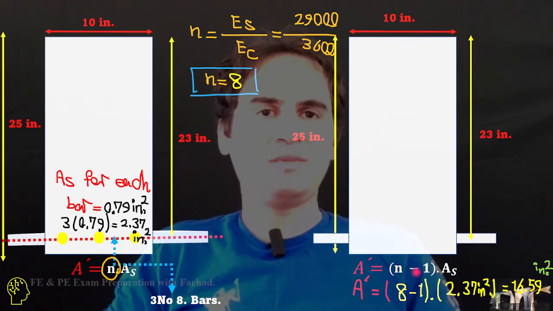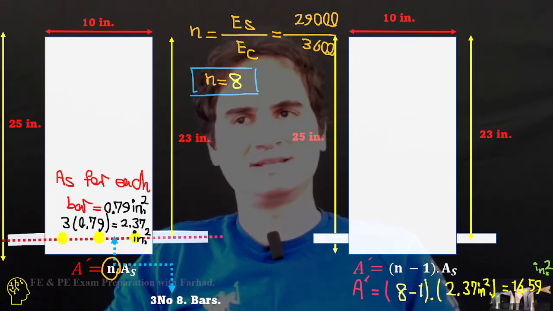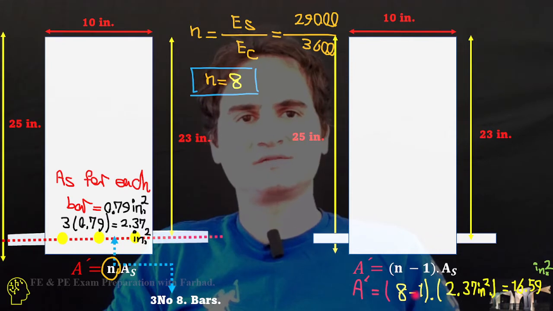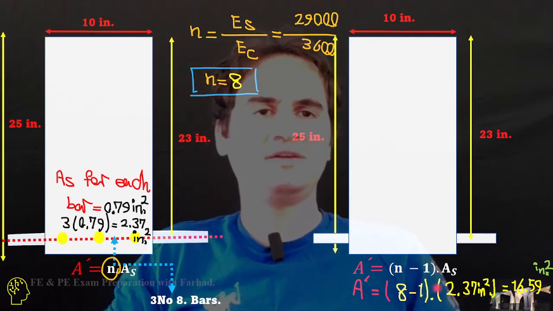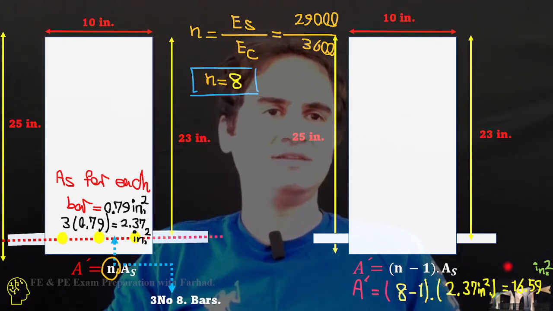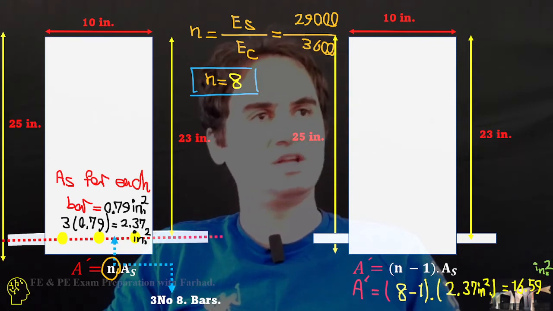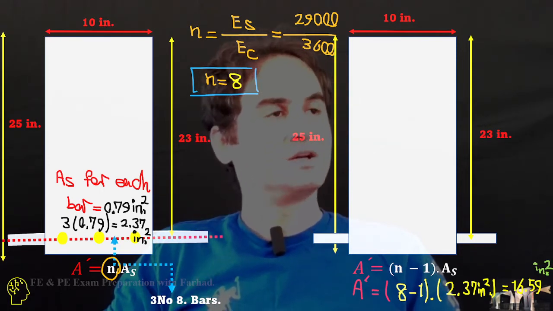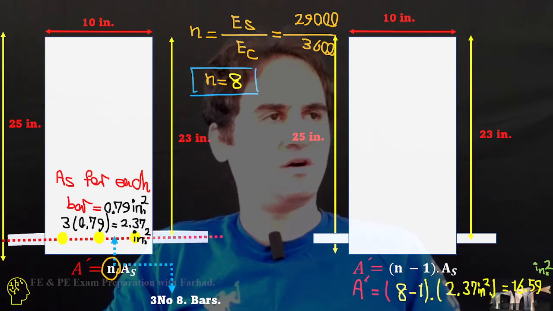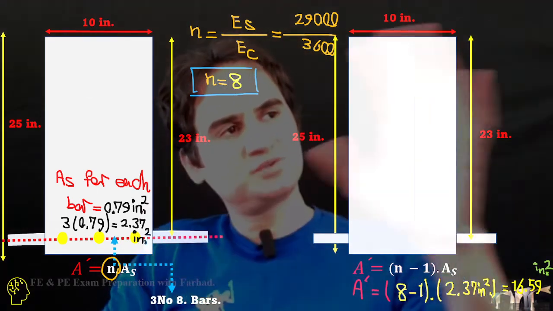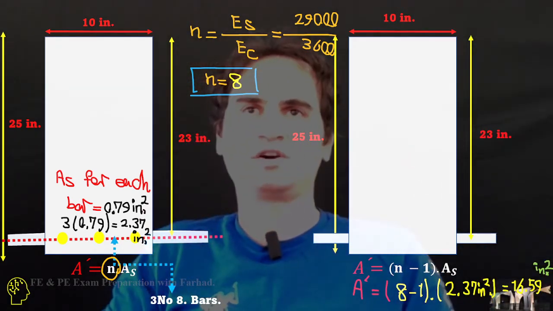So that's n minus 1 times As, that's 8 minus 1, 7, times the total area of 2.37, which is 16.59 square inches. That's the converted total area of steel rebars to equivalent area of concrete.